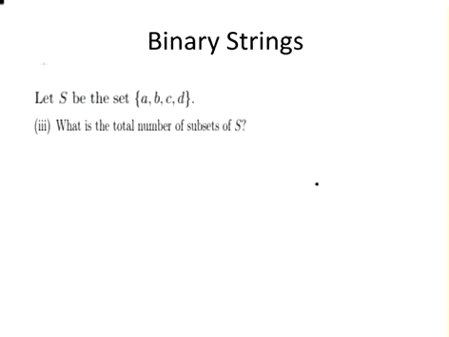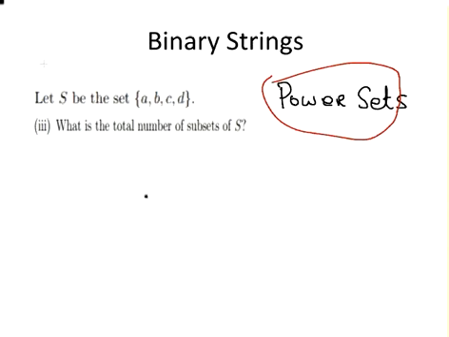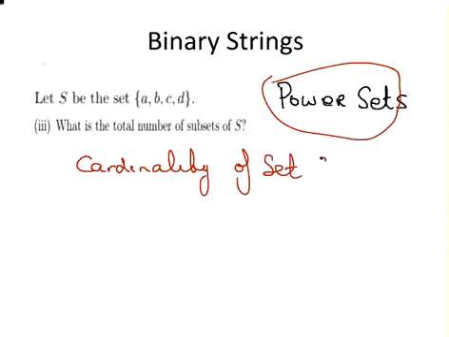Finally, what is the total number of subsets of S? Well, this is a question that relates to another matter called power sets. I have made a separate video of that, on power sets, but you can have a look at that. Otherwise, the cardinality of set S is 4.